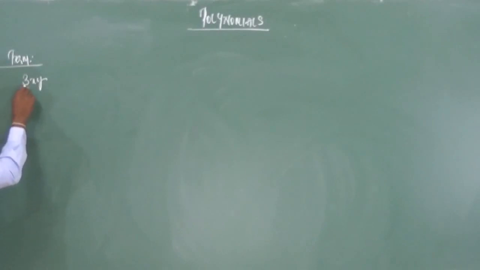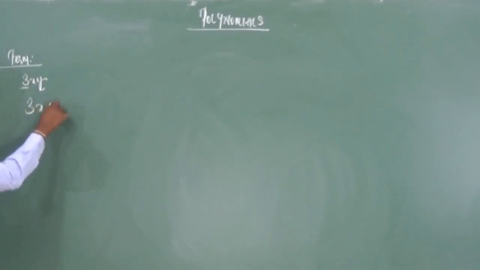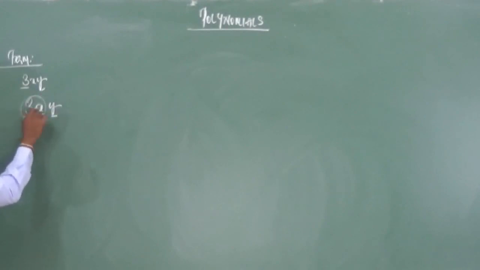In the sense, the coefficient of 3 is xy, the coefficient of x is 3y, the coefficient of y is 3x, and the coefficient of 3x is y, the coefficient of xy is 3, the coefficient of 3y is x. So in different ways you can go with this.